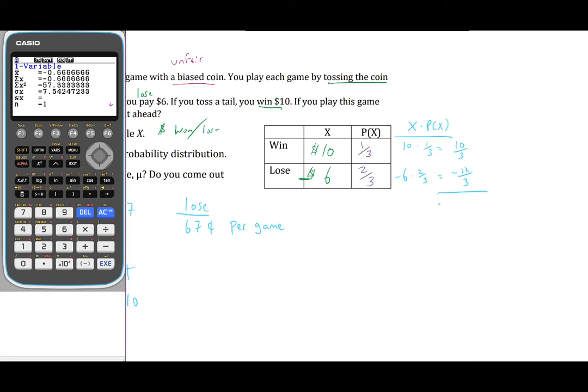If we were to add these two together, the sum of x times p of x would be negative 2/3, which is where we're getting this 67 cents loss per game.